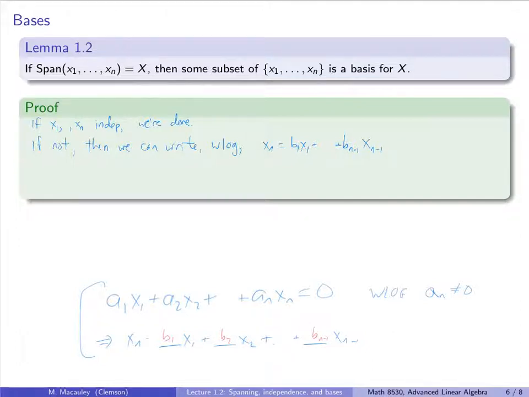So now in this case, we can plug these guys back in for xn and eliminate xn and get that the span of the first n minus 1 vectors is equal to X. So just repeat this process. And eventually we will get a linearly independent set.